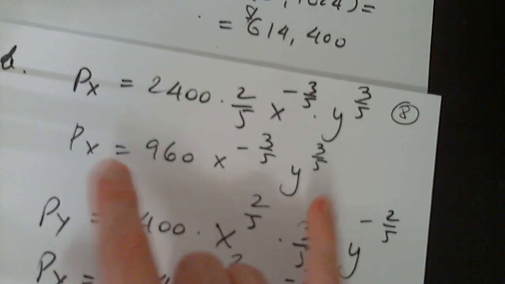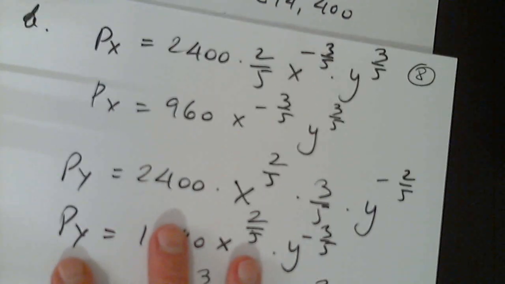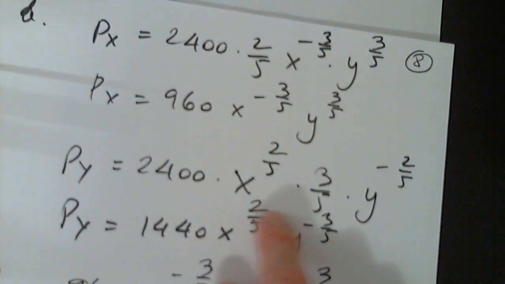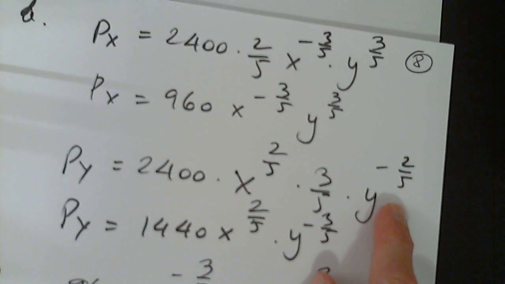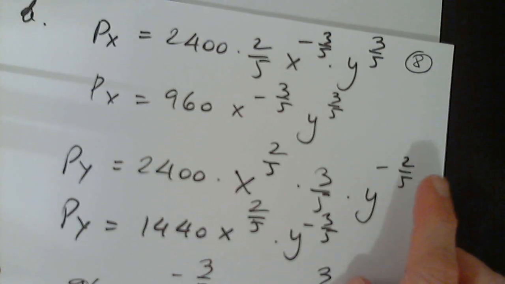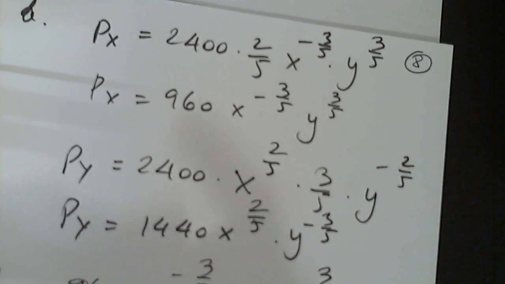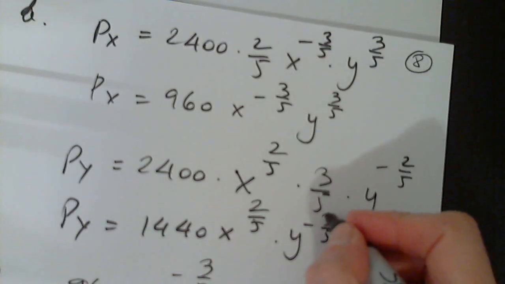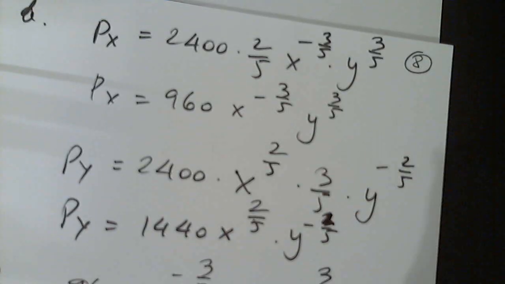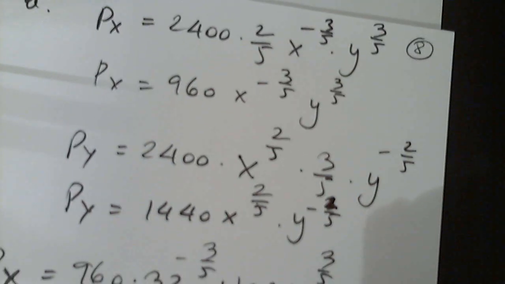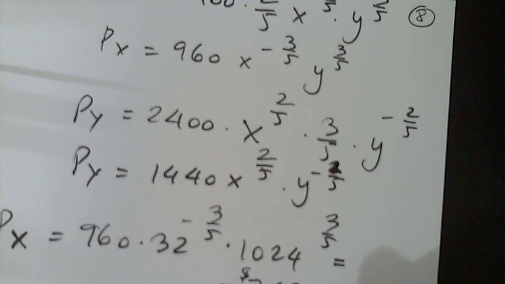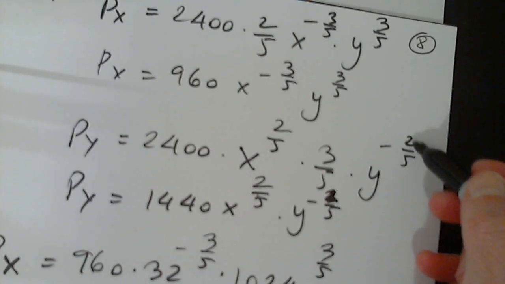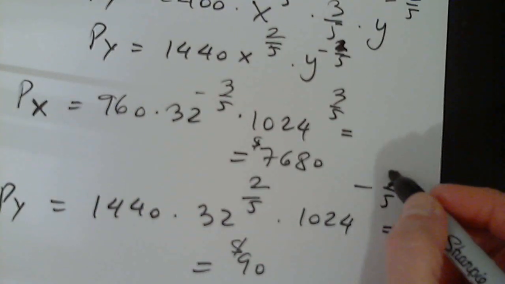I think so, but I thought the Py was 2/5 and then negative 2/5, not negative 3/5. I copied it incorrectly from here. Of course. Yes, from here, the negative 2/5 changes to negative 3/5. No excuses. Thank you. I copied my own.